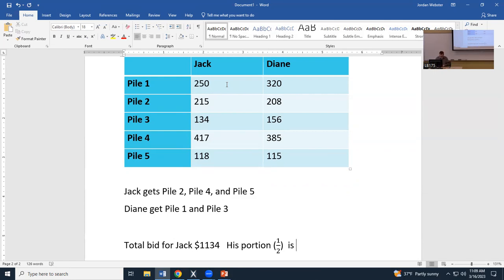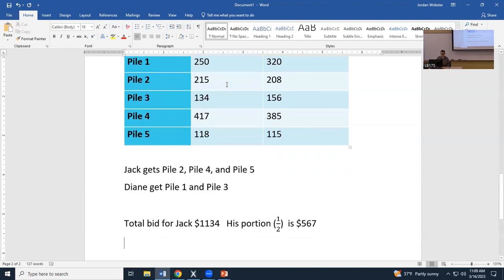His portion should be half of that, so it should be $567. Everyone get that? Now, I'm gonna kind of complete Jack's part of this before I move on to Diane's. Is that all right?